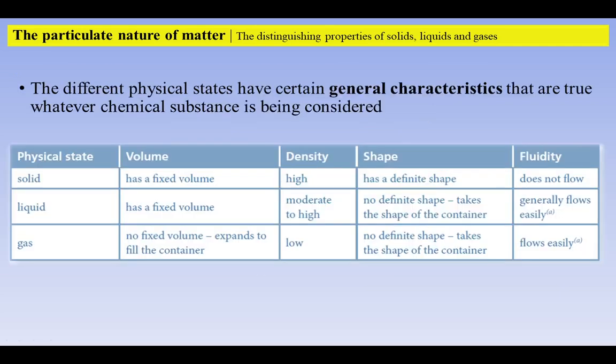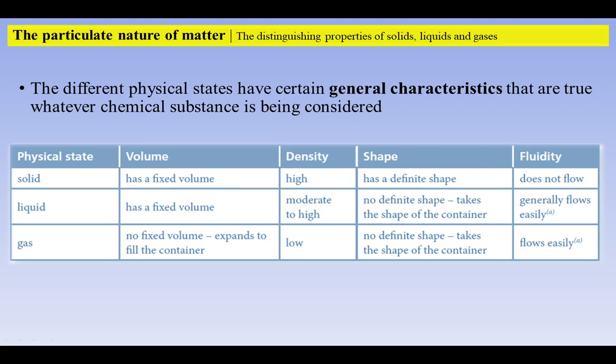Now here we can see the general characteristics of the three different physical states. Okay, so this table is gathering these different general characteristics. So for solids, they have a fixed volume.